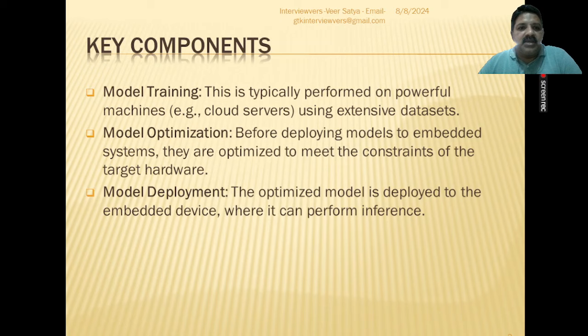So these are the key components. First one is the model training. Typically the model you are executing will be optimized, and the base model will be executed in the cloud servers using some data sets. So there you will have the model training. Then you will deploy these models to the target hardware.